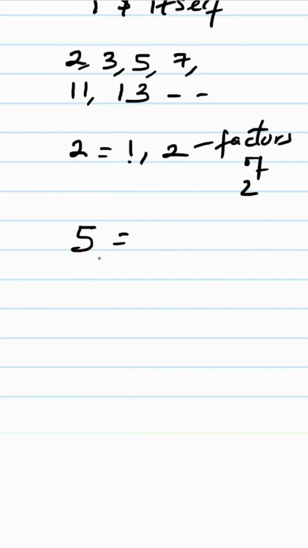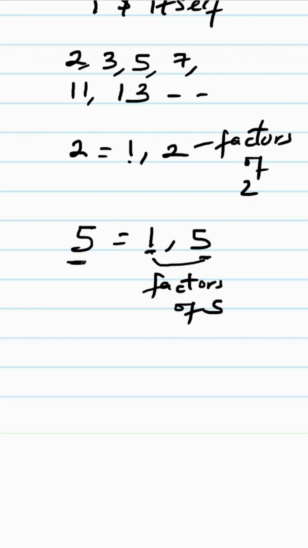Just 2 numbers can divide 5, and again, they are 1 and 5. No other number can divide 5 without a remainder. So 1 and 5 are the factors of 5. Hence, 5 is a prime number.